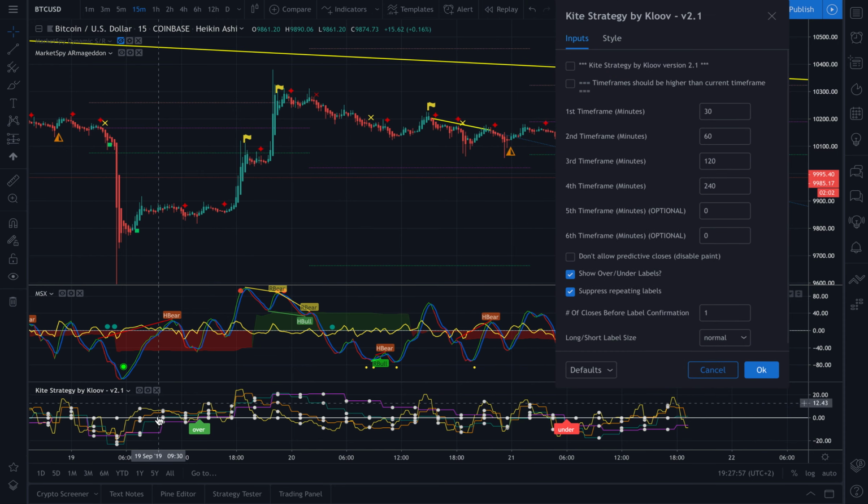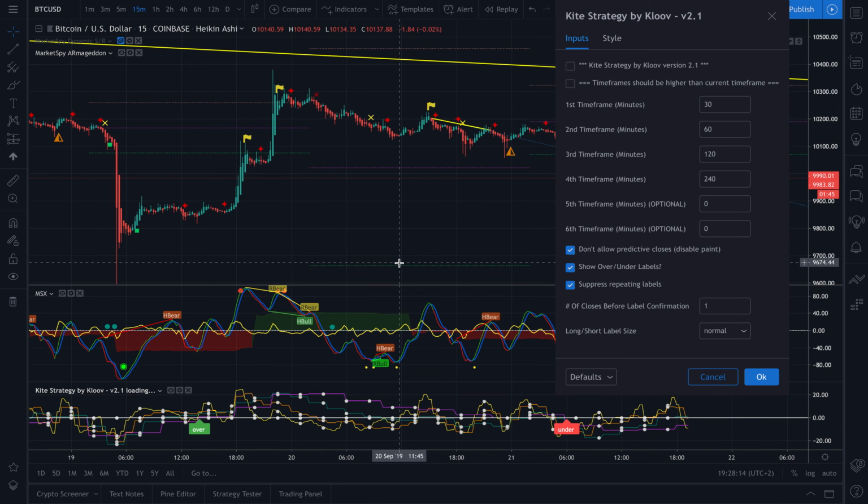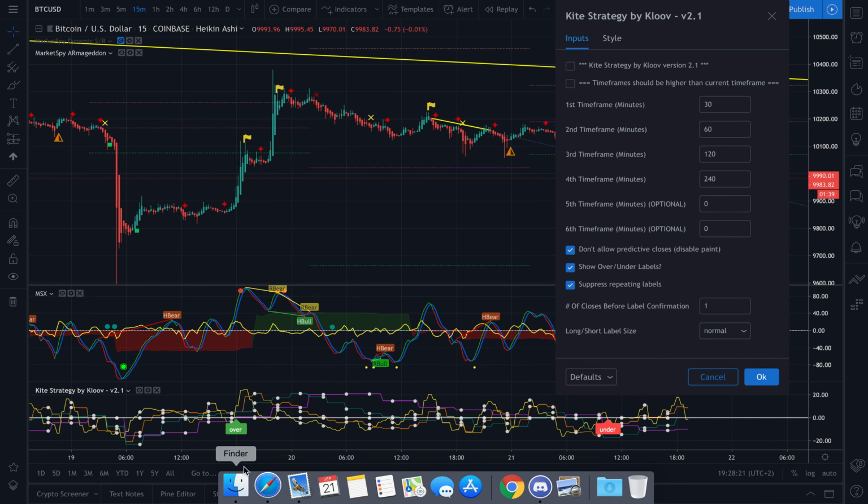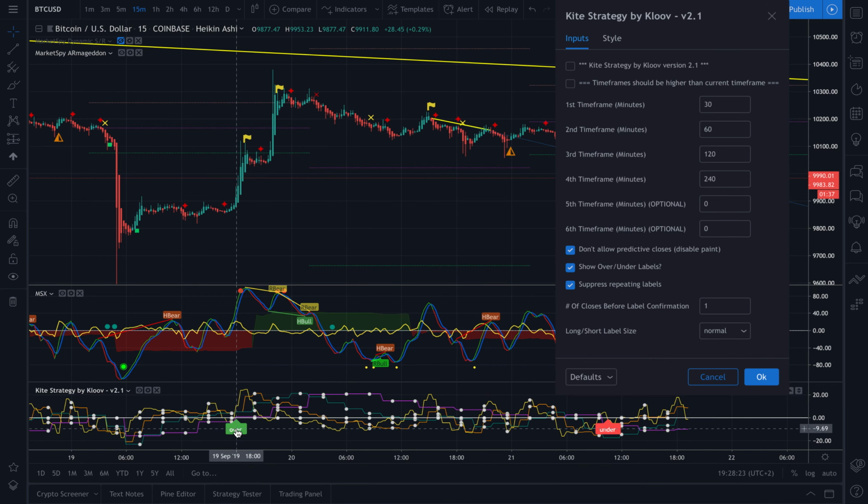Look at the indicator down here. We have a long signal, so all four VWAPs close above the zero line, and here we have a short signal. All four VWAPs close below the zero line. If I activate this now, it will take a little bit, but if you wait, you can see, this long signal comes much later.